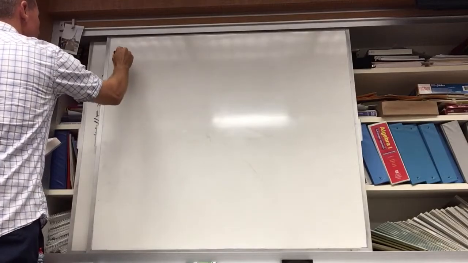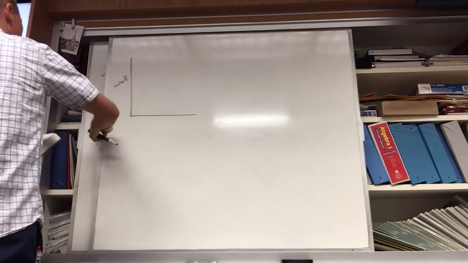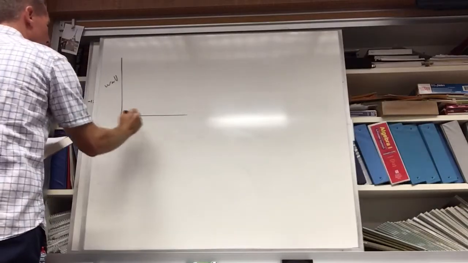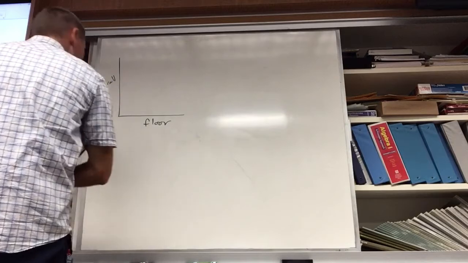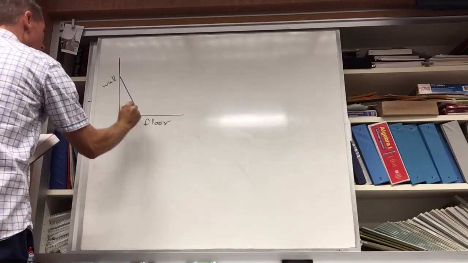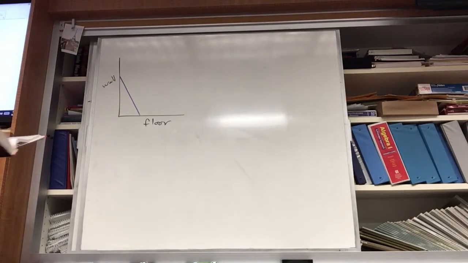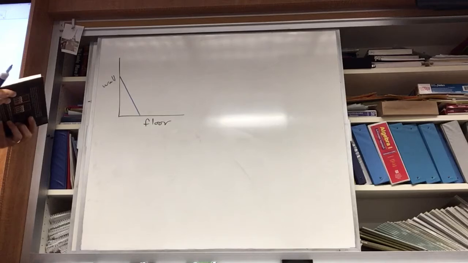Okay, so if I had, again, a similar situation, wall, floor. And again, I have that this is my ladder, but maybe it's like that now, so it's more upright. And I have that h of 0 is equal to 4.